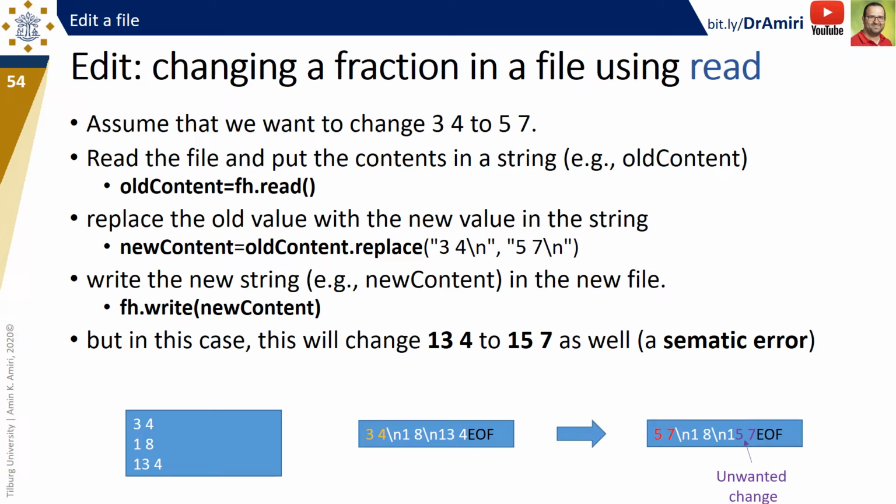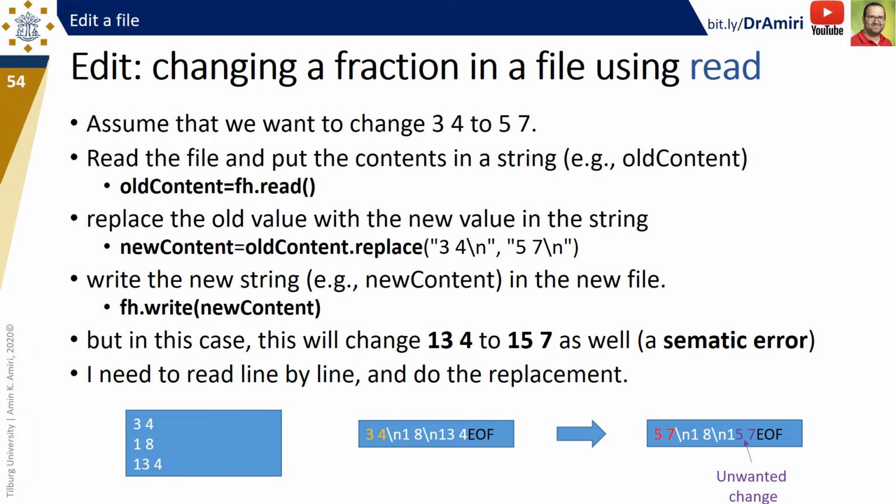So this is a semantic error. There is an unwanted change in this case. So it's better to read the file line by line and then do the replacement in this case.